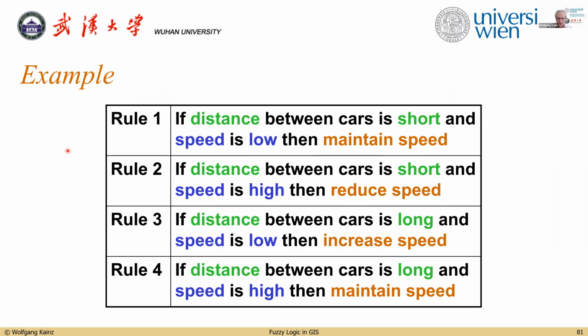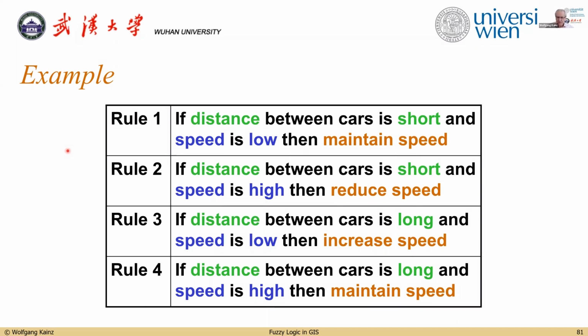And rule number 4 says if the distance between cars is long and the speed is high, then maintain the speed. So what you see here is these are all fuzzy concepts: short, high, long, low, maintain, reduce, increase speed.